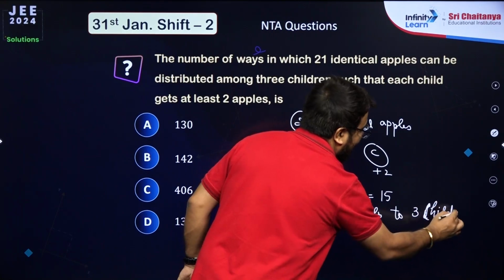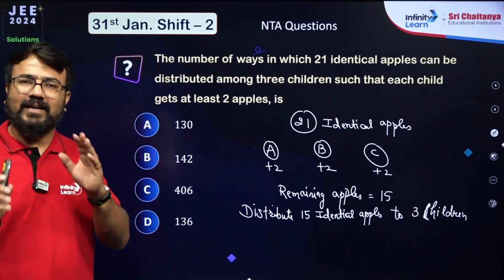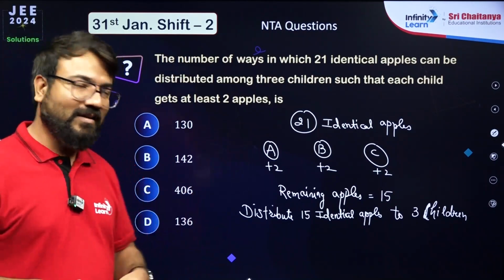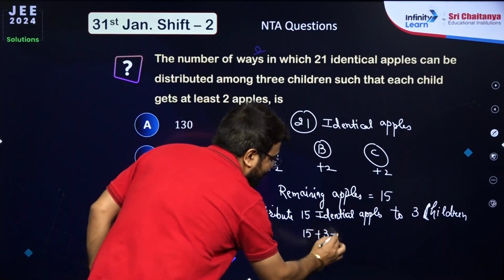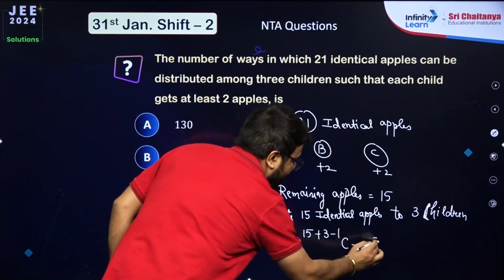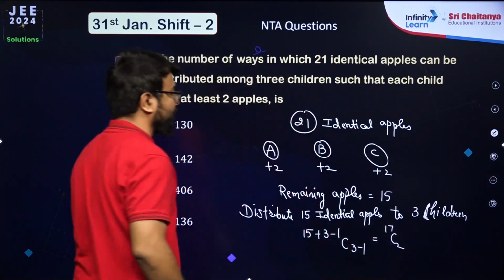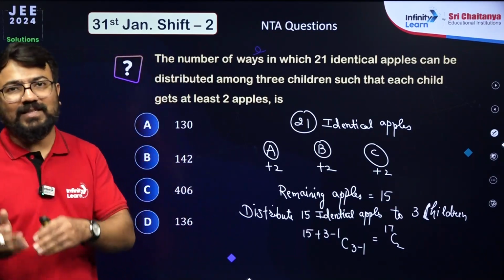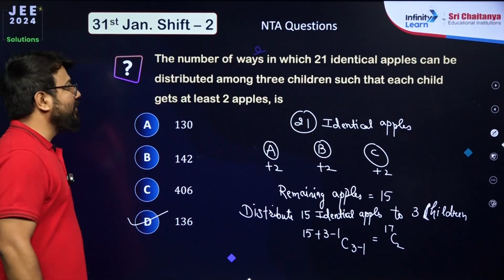Children are not beggars, sorry. But yes, the beggars method says that n identical objects need to be distributed to r beggars. So the formula will be n plus r minus 1 C r minus 1. So 17C2 will be the answer to this problem. The value of 17C2 is 17 into 16 upon 2, 17 into 8, that is 136. Option D will be the final answer.